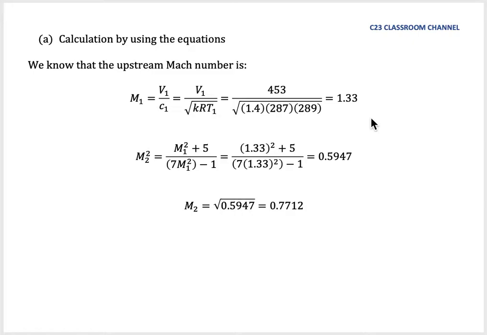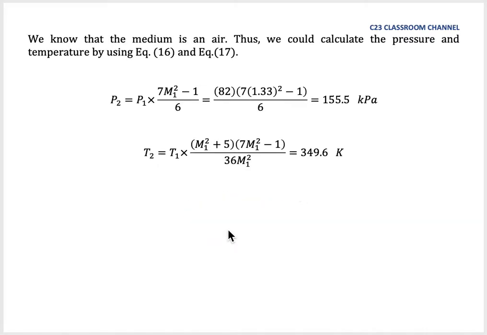So please remember that velocity after the shock wave must be lower compared to the velocity before the shock wave. And before the shock wave, the Mach number is 1 or greater than 1. After the shock wave, the Mach number must be less than 1.